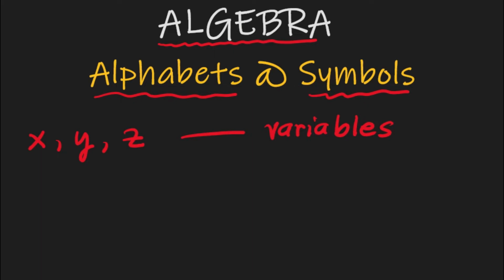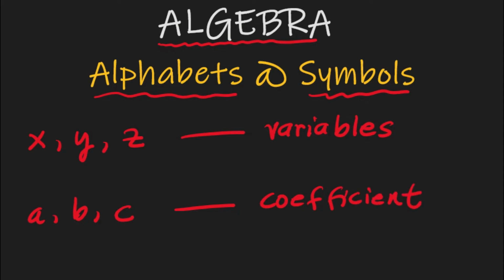And we are going to use the beginning part of the alphabet, namely letters like A, B, C, to represent what we call coefficients. But this is not always true, because sometimes we also use letters like P, Q, R to represent variables also.